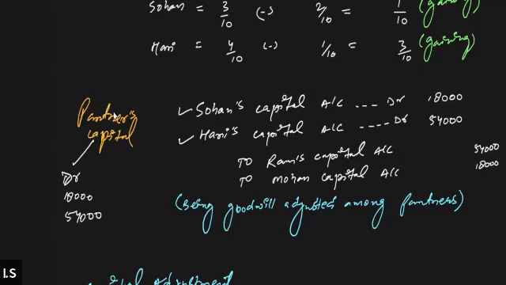Got it? What is the name that we will be using on the debit side? We will be writing this by the name of to Ram's and Mohan's capital account. Got it, everyone?